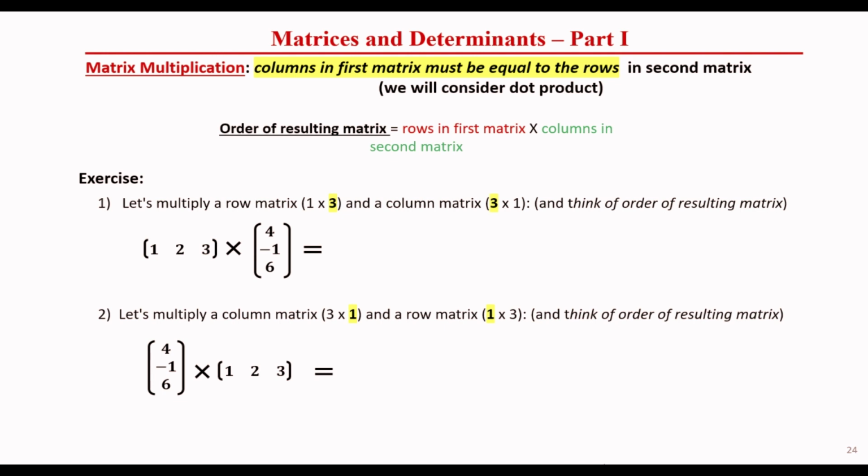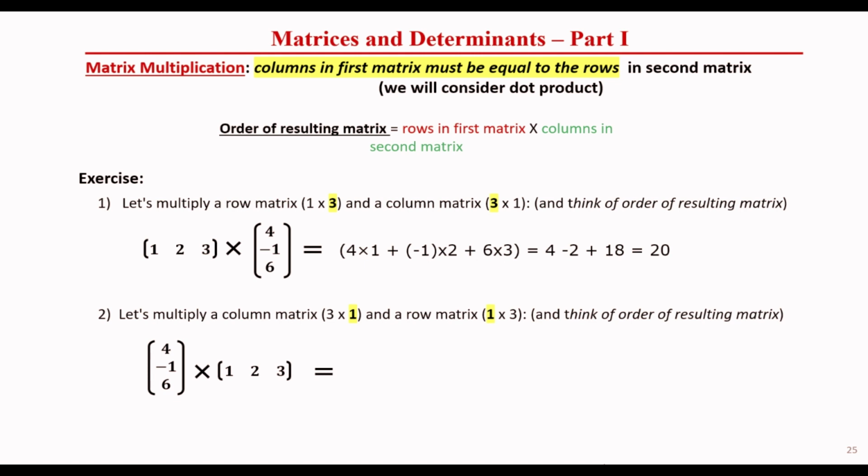So it's okay. And what about the order? Well, the order is rows in the first matrix times the columns in the second matrix, which is 1. So the order is 1 by 1. And if you multiply them, we end up getting 20. It matches our prediction: the order should be 1 by 1, which means 1 row, 1 column, 1 element.